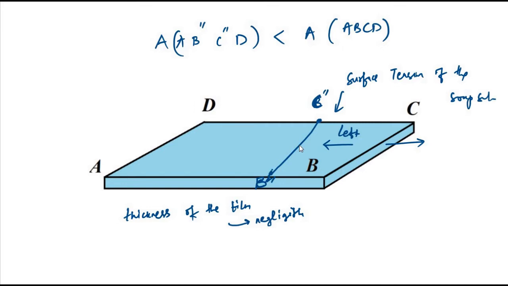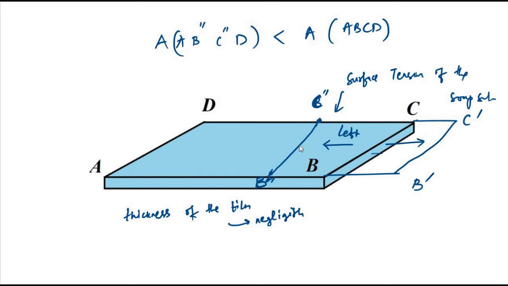So here, to counter this, work has to be done in the opposite direction to move this portion BC to this position, B dash C dash, to increase its surface area.